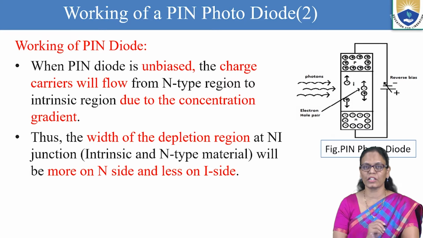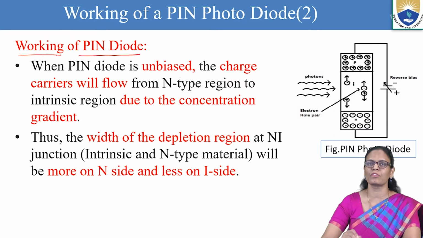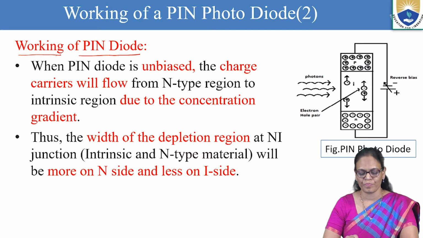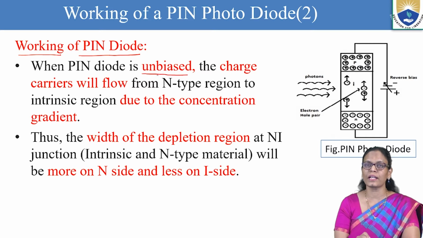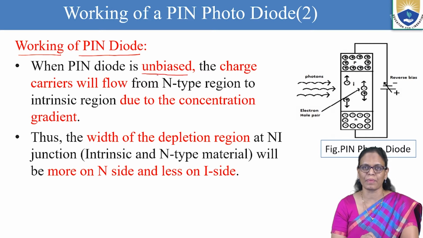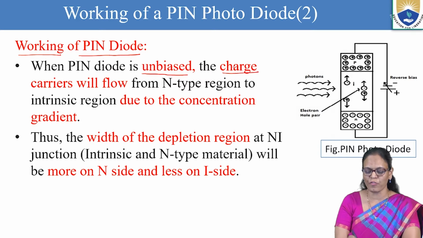Now coming to the working. How does this PIN diode work? Working of a PIN diode. So when the PIN diode is unbiased, unbiased means we have not connected any external supply. So when there is no external supply, what happens here is the charge carriers will flow from the N-type region to the intrinsic region.